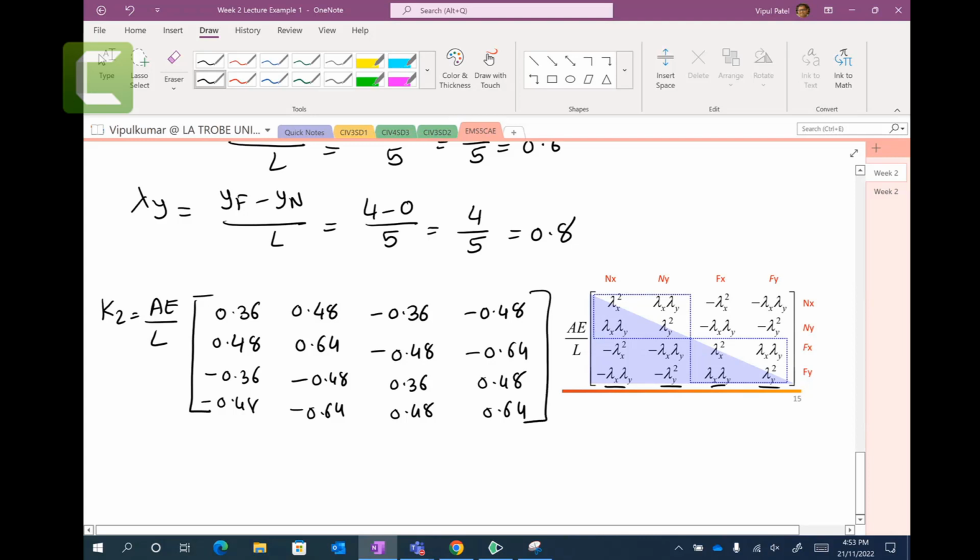Stop sign, check, all positive. These guys are positive, one check done. I liked it. This one 0.36, 0.64, all diagonals are positive. First check done. Second check. This line, this guy same 0.48, 0.48, and this one same. Perfect. Quick check. These guys are same. Very good. Okay.